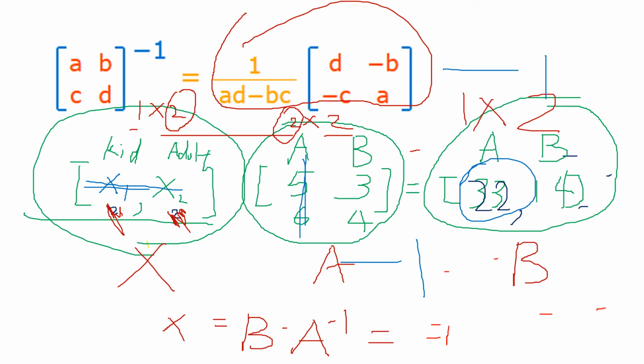Let's do it. For example, we already know the result: X1 is equal to 2 and X2 is equal to 2. Let's double check whether it's right. 2 by 5 is 10, and 2 by 6 is 12. 10 plus 12 is equal to 22.